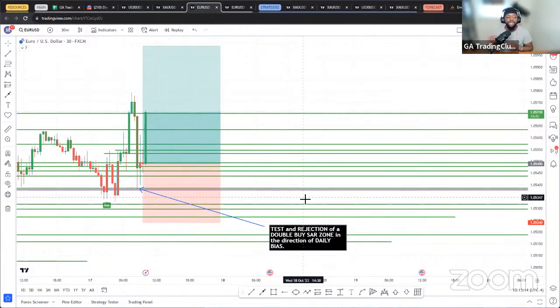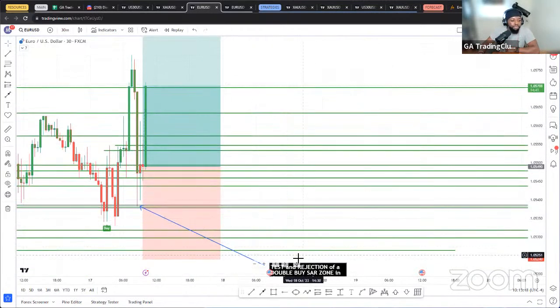Can you identify a test and rejection? For example, here, the way I've marked up test and rejection, are you able to see why it's a test and rejection? So long as you're able to see that, you will always have these setups. But if you cannot see what a test and rejection is, or what a break and continuation is, then to be honest, that's where you should start.